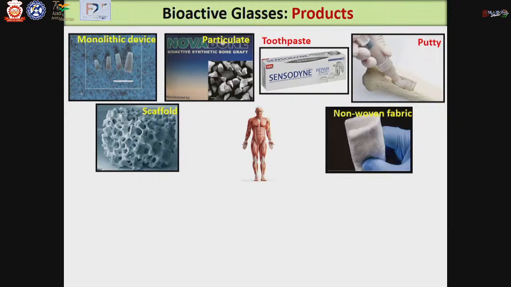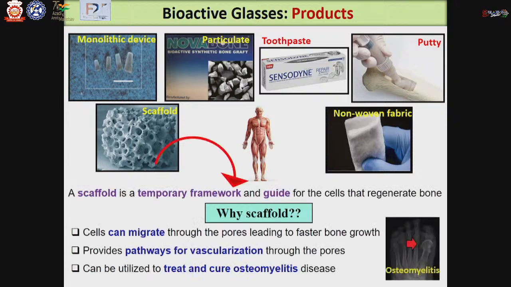These are several products developed out of bioactive glasses, and out of these products, I want to focus on the scaffold. This is an advanced material product, but there are some difficulties associated with processing it. A scaffold is a temporary framework and guide for the cells that regenerate bone, and these scaffolds mimic the cancellous bone structure.